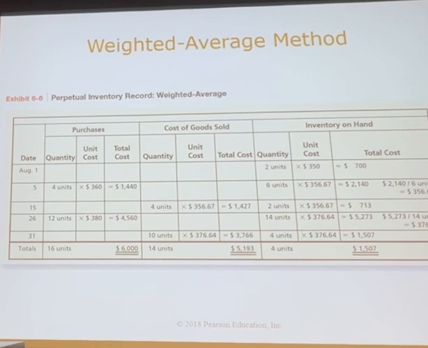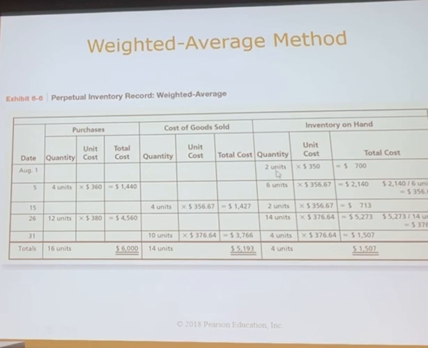the way we compute our new weighted average cost is we take the total dollars of cost that we have, which is a combination of the $700 from our beginning inventory and the $1,440 that we just purchased. So the total dollars of inventory we have now is $2,140. And then we divide by the total units of inventory.